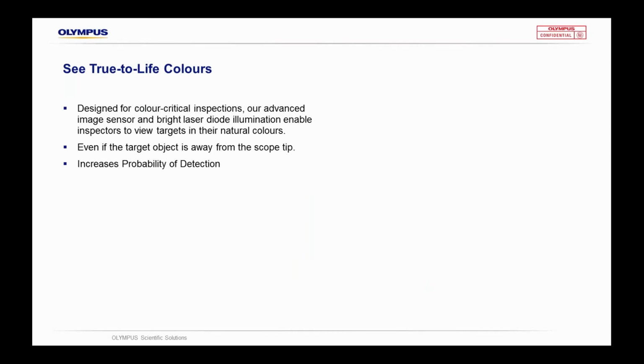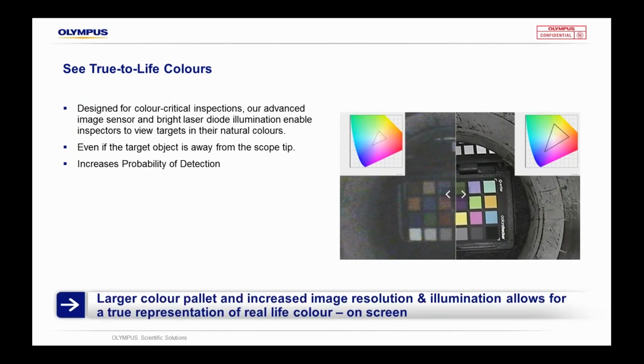The next thing we've tried to introduce as well, or we've increased, is a wider color palette. We've got 4 times more colors available to iFlex NX than we had on our previous video scope. And this does 2 things. One, obviously, color reproduction is very, very important for all types of inspections, specifically within this type of environment. If you can imagine, if you're inside a turbine and you're looking at some thermal barrier coating loss as an example, you need to have a good understanding of color, because then you can see the transition between the TBC and the metal underneath.